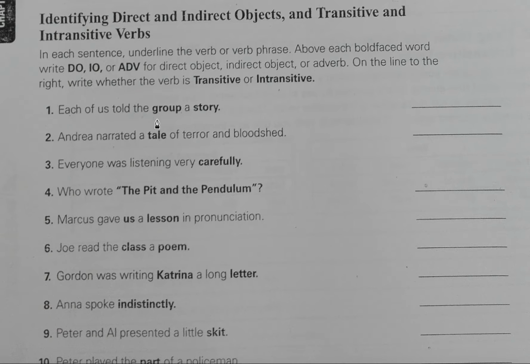Good job. So, each of us told the group a story. So we can figure this out by making some questions. So, what did each of us tell? A story. So this is going to be our direct object. And then we can ask about the direct object to find the indirect object.